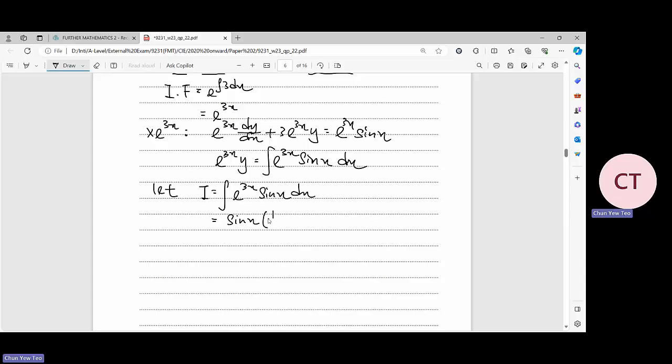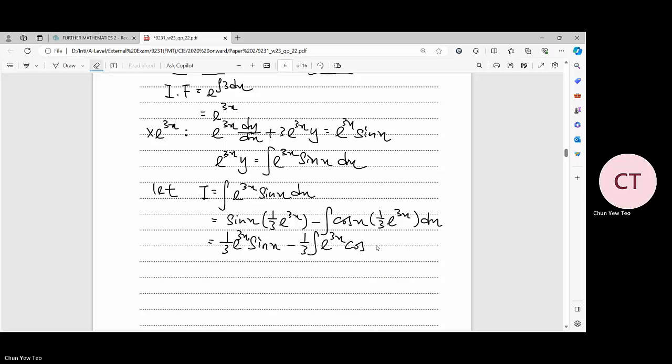e power 3x, you get 1 over 3 e power 3x minus cos multiply 1 over 3 e power 3x dx. So you get 1 over 3 e power 3x sin x minus a 1 over 3 e power 3x cos x. We need to do the integration by parts one more time.